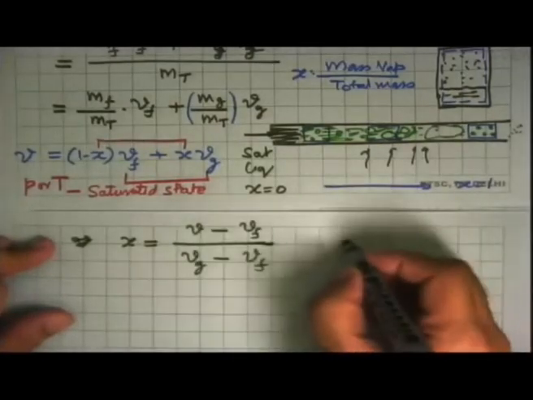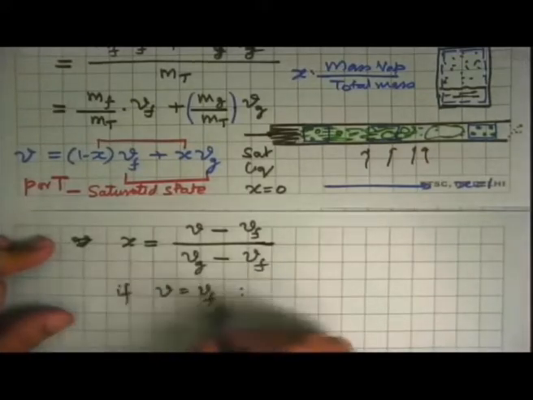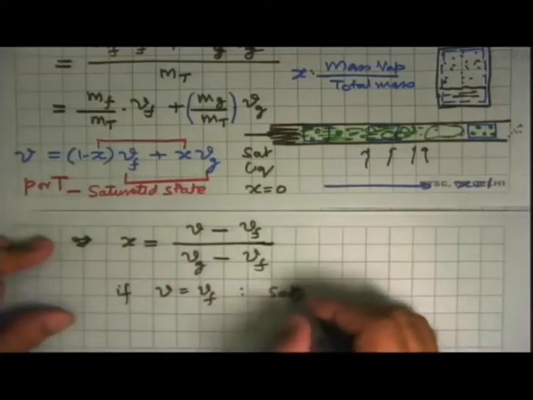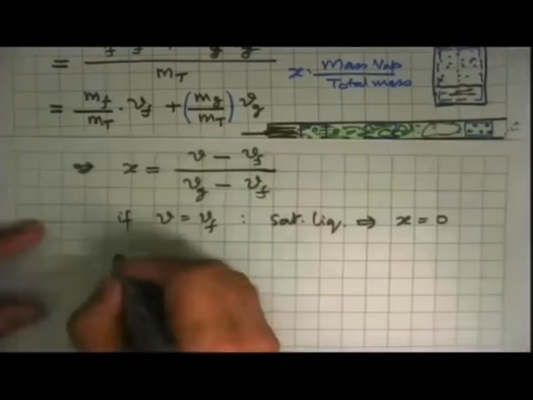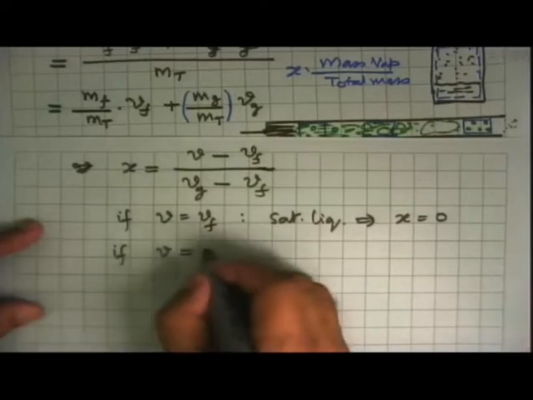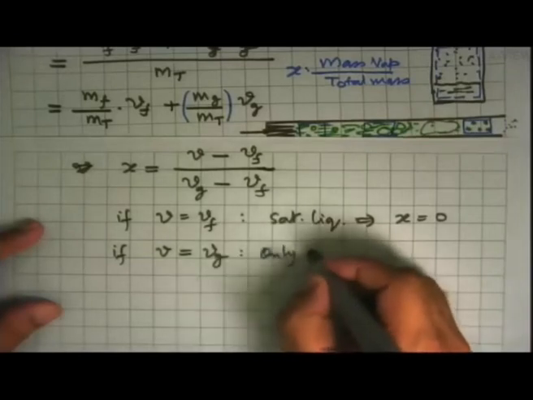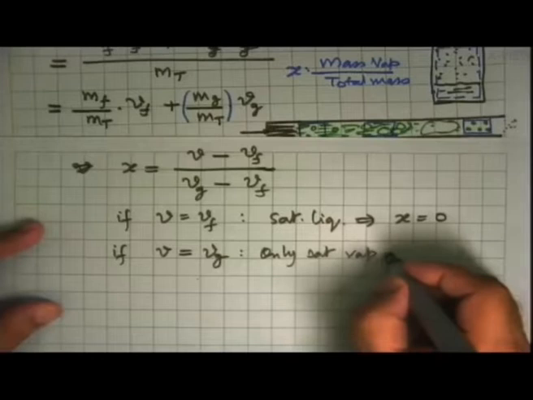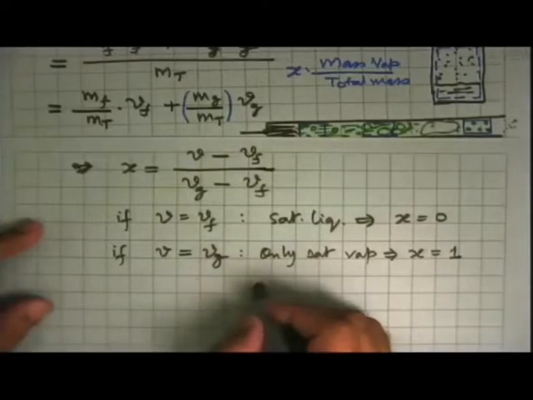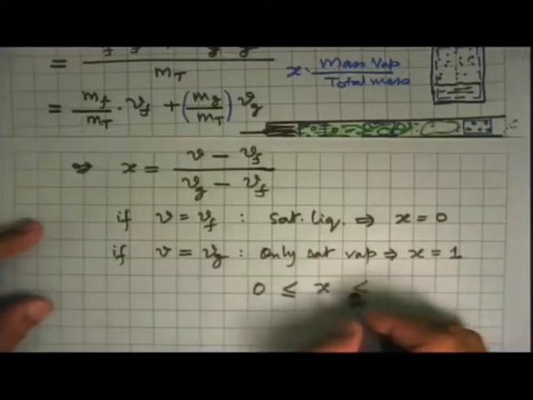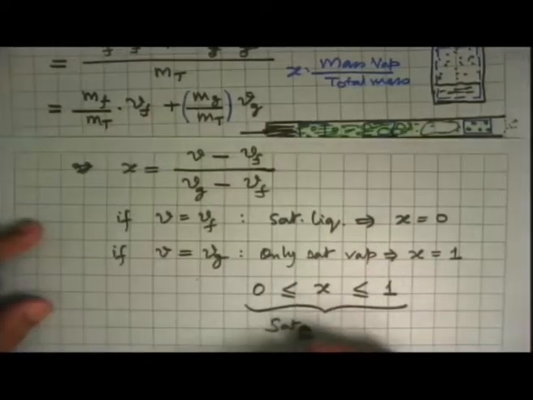And what it tells us is that if V is equal to Vf, that means the entire volume is occupied by the saturated liquid state, then x is equal to 0. And if V is equal to Vg, that means there is only saturated vapor, then x is equal to 1, and in all applications, x will take a value between these two. And all these are defined only if we have a saturated state.